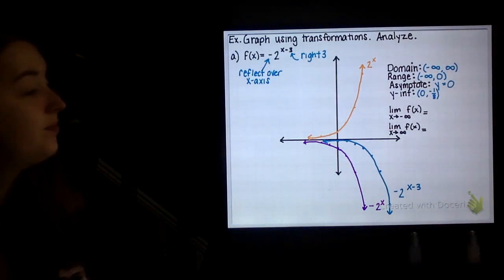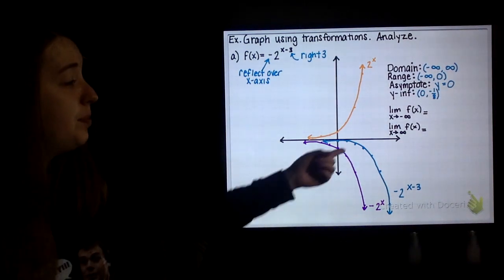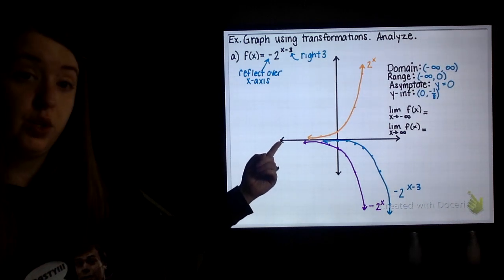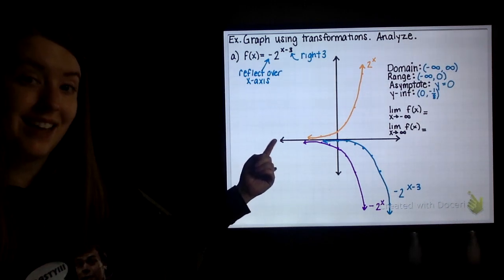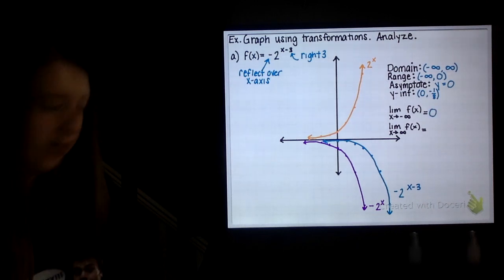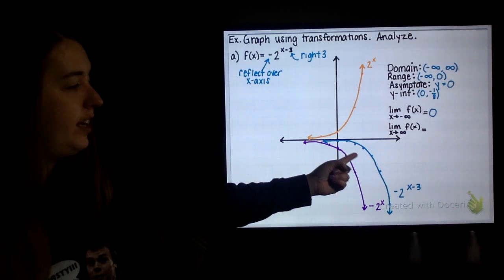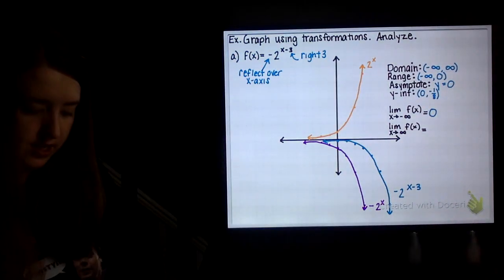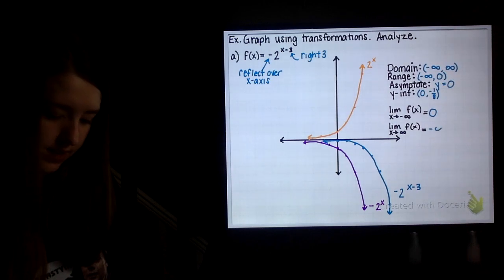Good deal. Then as x approaches negative infinity, so when x gets smaller and smaller, it gets closer to my x-axis right here. So that's going to be equal to 0. And then over here, as x gets bigger, y gets really, really, really negative. So that's going to go to negative infinity.